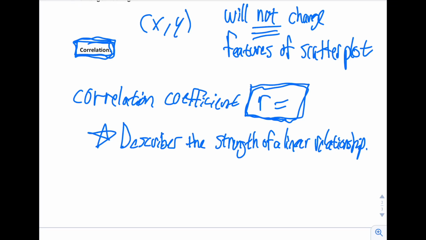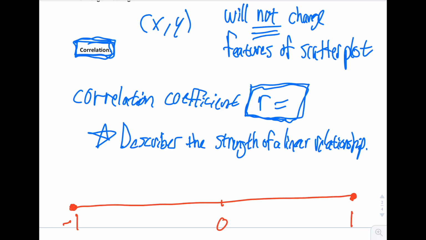Now, this number r is a value restricted to any numbers between -1 and +1. What does it mean to have any of these numbers? Let's start with the easiest one, +1. If an association had an r value, a correlation coefficient value, of +1, this means it is a strong and positive association.